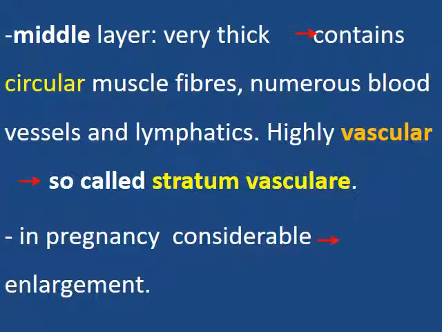The middle layer of muscle fibers, which are thick, are circular muscle fibers. In this middle layer, numerous blood vessels and lymphatics are present, and it is highly vascular, that is why it is called stratum vasculare. In pregnancy, considerable enlargement of this myometrial layer occurs.